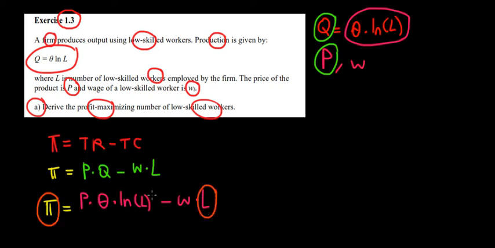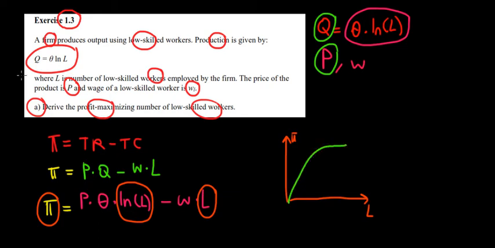Now we have the term of logarithm here, and the logarithm is an increasing function at a decreasing rate, meaning that if we plot the relationship between profit and the low-skilled labor that we hire, we will hit a point of maximum profits, meaning the profit will increase with the number of low-skilled workers, but it will hit diminishing returns at a certain point, and we want to stop there because we do not want to diminish our profits. We want to maximize it and find out what is the number of low-skilled workers that we need for that. Now, how can we do that?